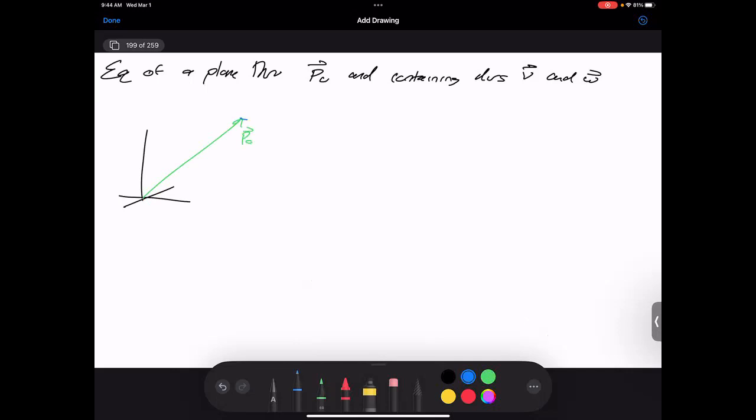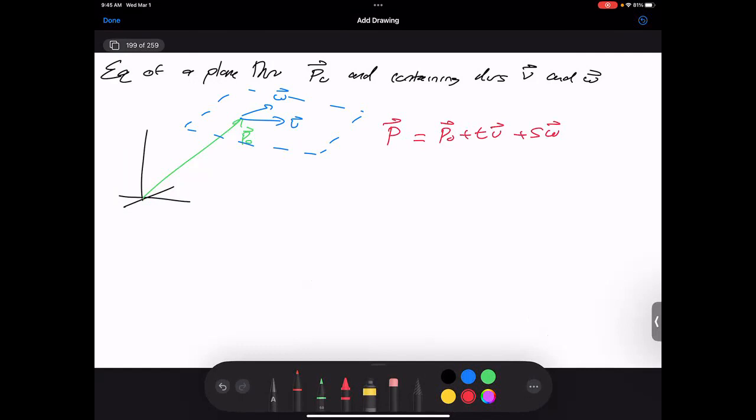Here are my 2 directions, say V and W. And then there's going to be the plane. So we talked about one way to do it. I could say it's all points P that are equal to P naught plus TV plus SW. And that's a nice 2-dimensional space.